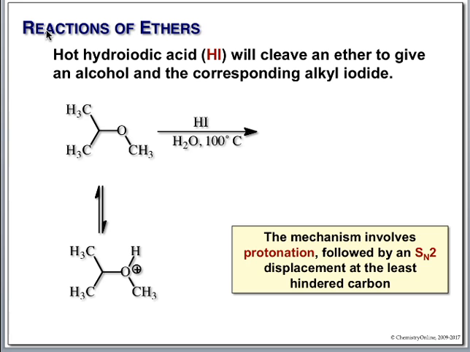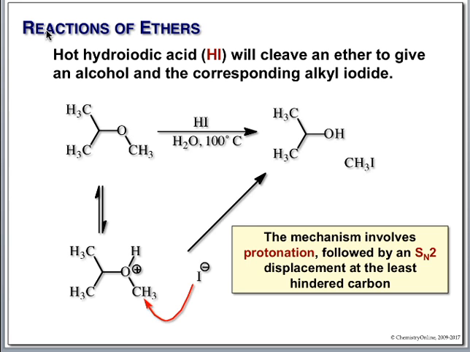This is a tertiary center. There's no way iodide is going to work its way in there. This is a nice, happy little methyl group. Iodide will attack the methyl. When it does, it plucks it off, and you wind up with the corresponding alcohol and iodomethane.